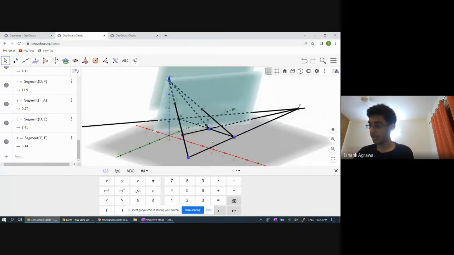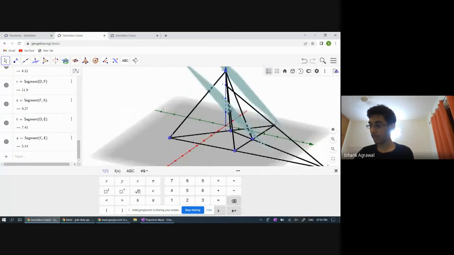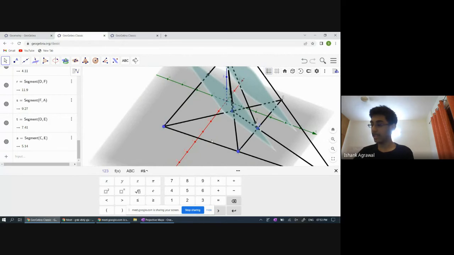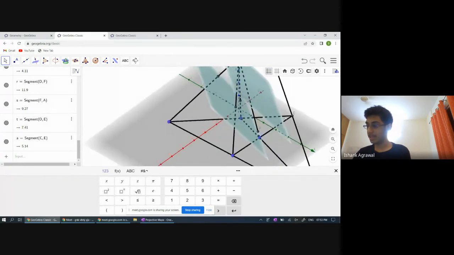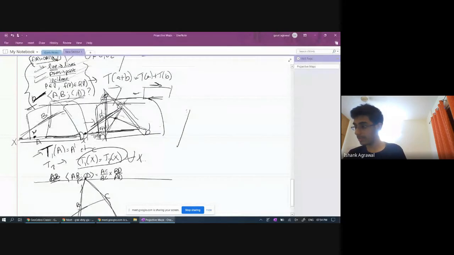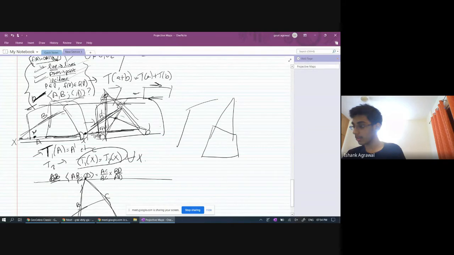So what we do is we basically take the intersections of the corresponding sides, AD and BC, and take them to E. So if this is our quadrilateral, we take this intersection and this intersection.